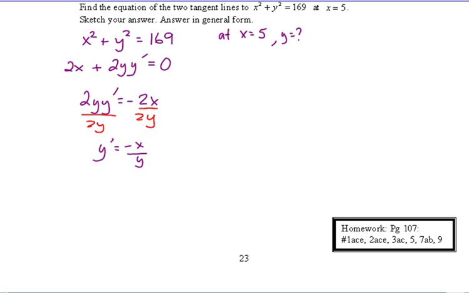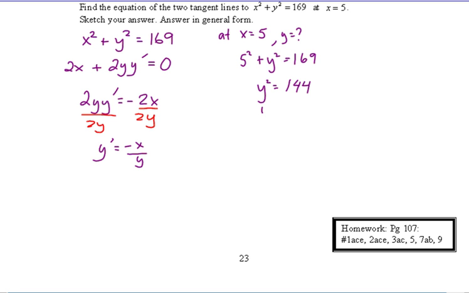So we have 5 squared plus y squared equals 169. What's 8? Is it just 8? Or is it plus or minus 8? Okay, so you subtracted 25, and what did it give you? 144.